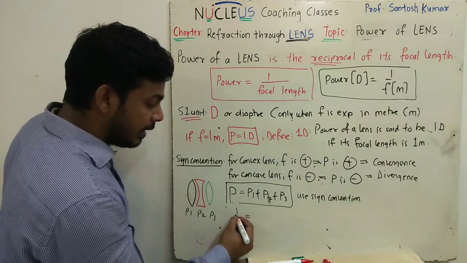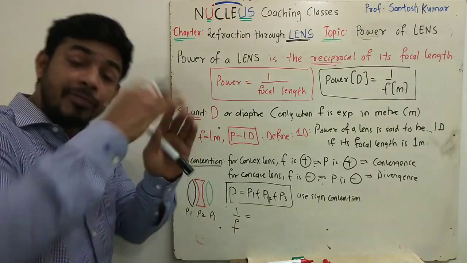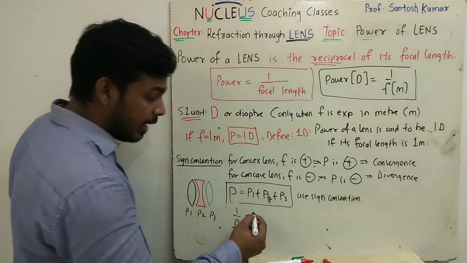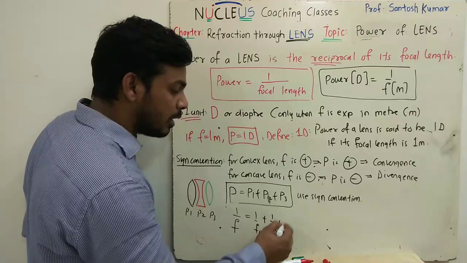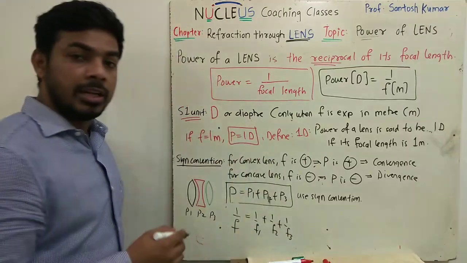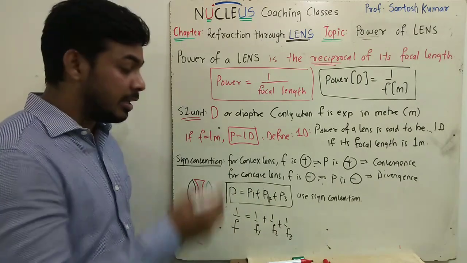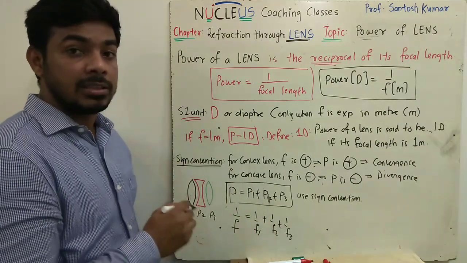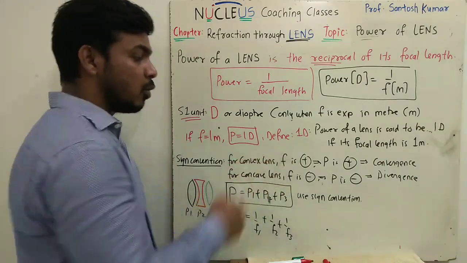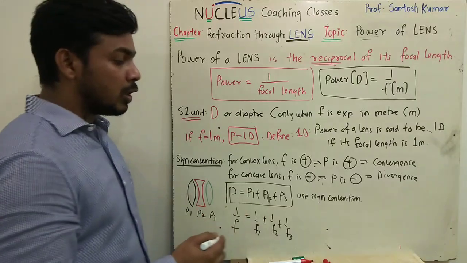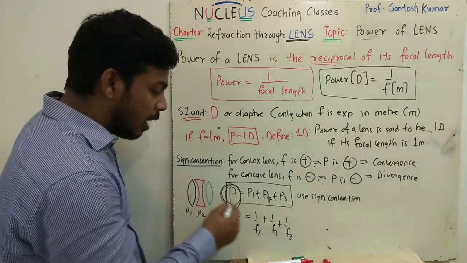That means this P can be written as 1 upon F. So here this F is the effective focal length of the combination, and P1 can be written as 1 upon F1 plus 1 upon F2 plus 1 upon F3. Remember, whenever you are substituting the values of F1, F2 and F3, you have to use sign convention by checking the nature of the lens, whether convex. If it is convex, then focal length will be positive, and if it is concave, the focal length will be negative.